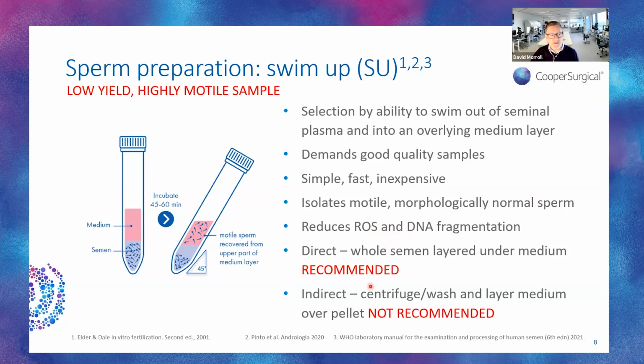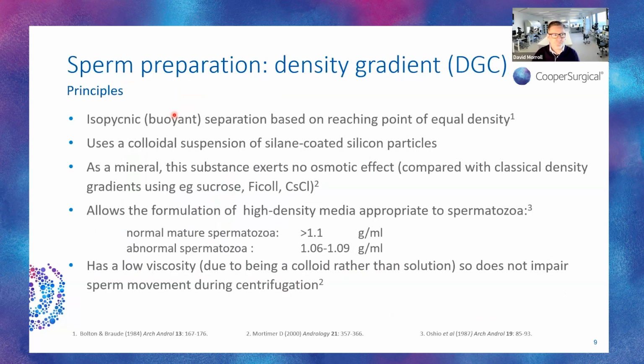The general guide here is that you should always do a direct swim up from whole semen, never wash, then swim up, because if you wash first, you're concentrating the good sperm down with the non-sperm cells and dead sperm that can cause damage. So this is a very simple, easy technique, generally low yield, but highly motile sample at the end of it. Now, the other main approach is to use a density gradient.